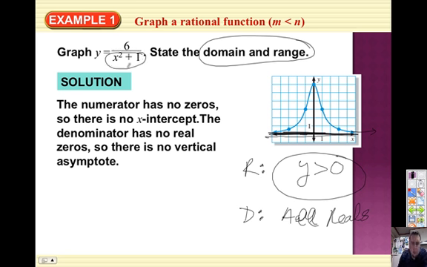Well, what could x be? That's what domain means, right? What could x be? Anything. You put anything in there, you square it, it's going to be a positive number. Even if you put 0 right here, 0 squared is 0 plus 1, that's okay. Remember, the denominator can't equal 0. That's the only thing you have to worry about. So in this case, domain is all reals, range is y greater than 0.